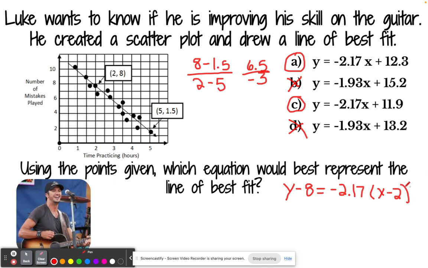When I distribute, I have negative 2.17x, and a negative times negative will give me a positive 4.34.